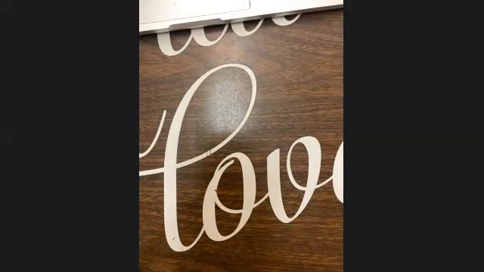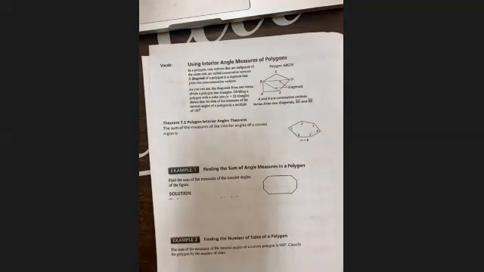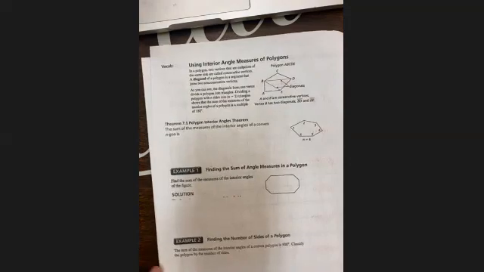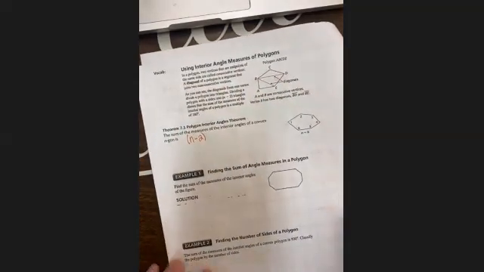Okay, so a lot of this we've already kind of talked about if we did the activity. If not, you can follow along here and read that section and it will explain a little bit more. It says in theorem 7.1, the sum of the measures of the interior angles of a convex polygon is, okay, what we were doing is taking the number of sides and subtracting 2.